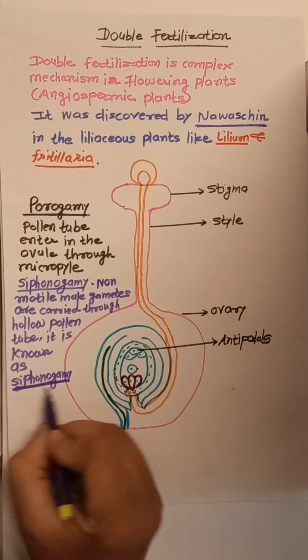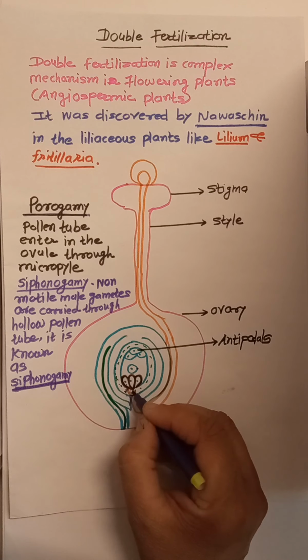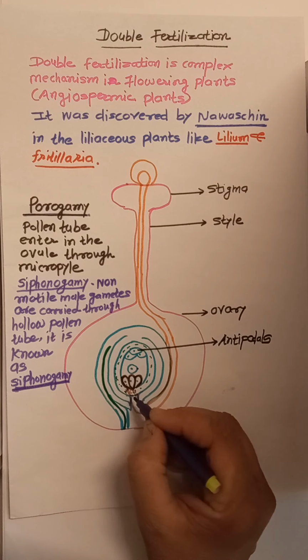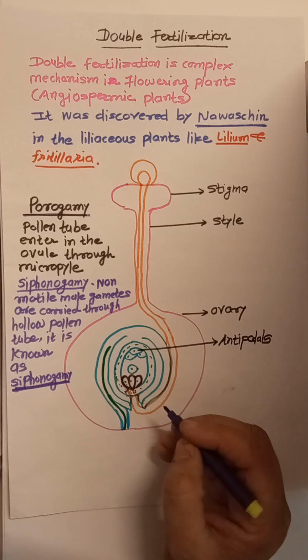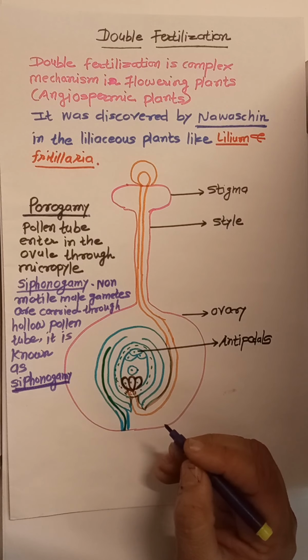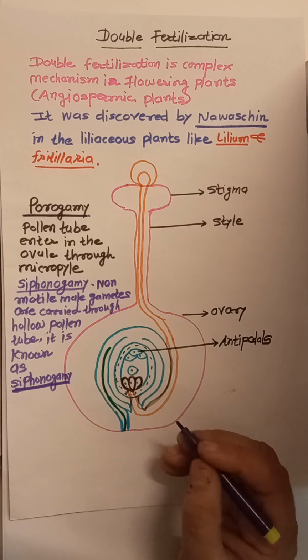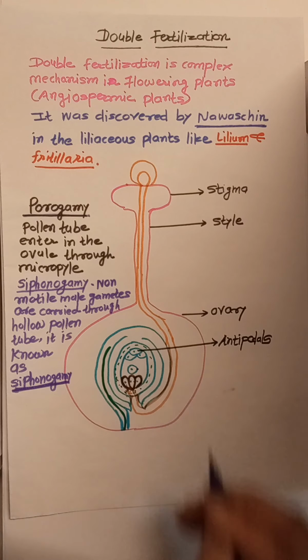So when tip of pollen tube ruptures, it releases 2 male gametes. Out of these 2 male gametes, one male gamete fuses with egg. So this is egg.